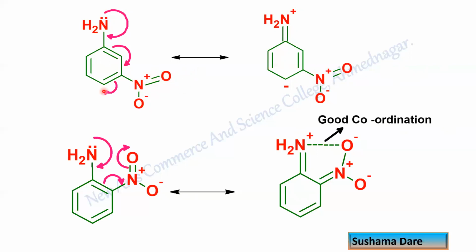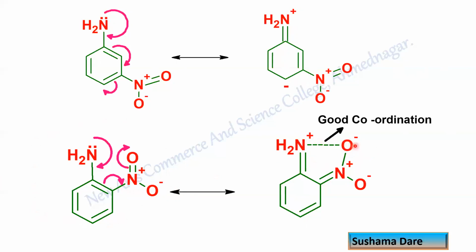But as compared with aniline, this type of resonance is possible, and at the same time, this NO2 group shows electron withdrawing inductive effect. Because of that, it is less basic as compared to aniline. Now look here, in case of orthonitroaniline, the nitro group is involved in resonance, and you'll get this type of structure. NH2 donates its electron density, so there is a positive charge on this nitrogen.